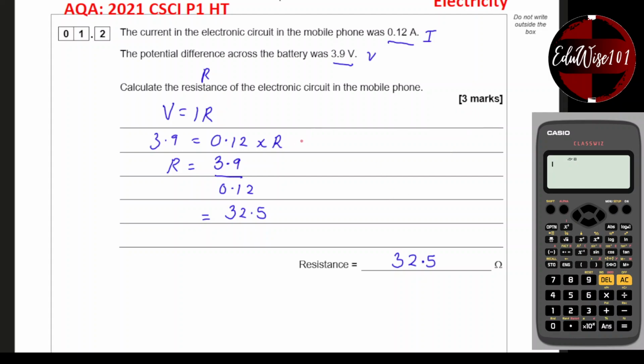You get 1 mark for writing the correct equation and substituting the values, another mark for rearranging, and the third mark for writing the correct answer. Now, if you didn't write all of them and just simply wrote down the correct answer, you'll still get all 3 marks for the correct answer.